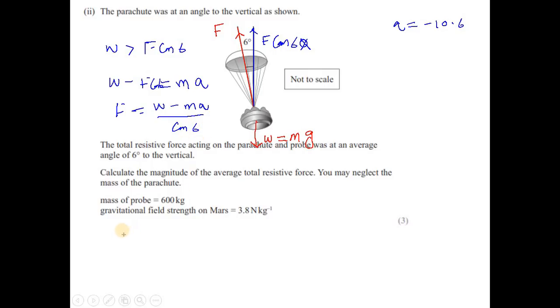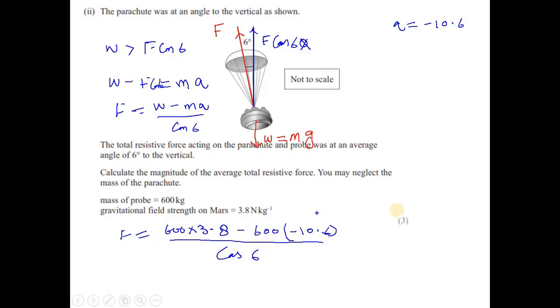So F is equal to, W is mg, and m is 600 times 3.8, minus m is 600 times acceleration, so minus 10.6, divided by cos 6.